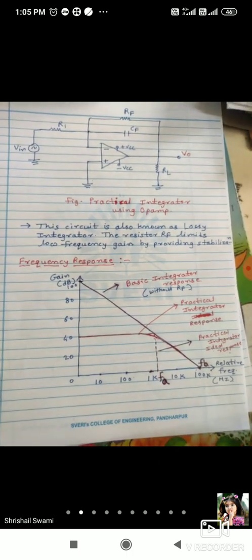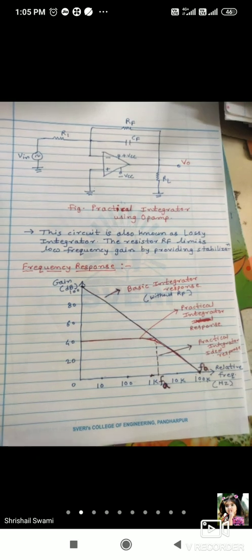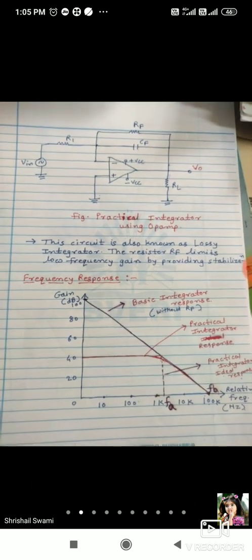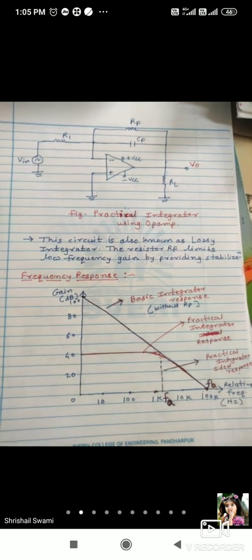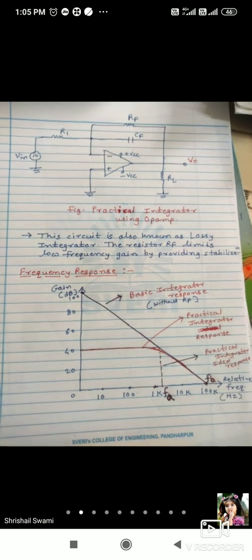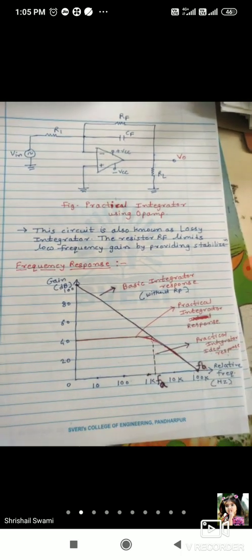How to reduce that drawback? It can be done by using the RF resistor, connected in parallel with the feedback capacitor. Once we get this modified or practical integrator circuit, we can analyze the frequency response.